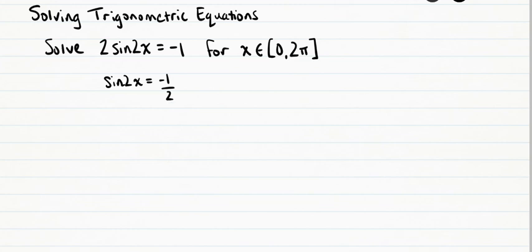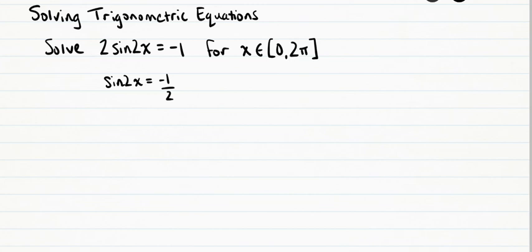Now, if this was just sine of x equals negative a half, then we know to proceed by asking in which quadrants we have solutions, considering that the sine ratio is a negative value, and using either our special triangles or our calculator to solve for beta. We're going to proceed in a very similar way, almost pretending for a second that we just have sine of x in this equation.